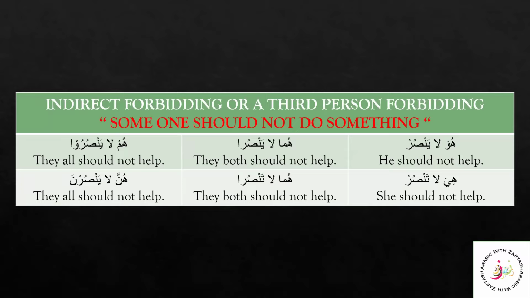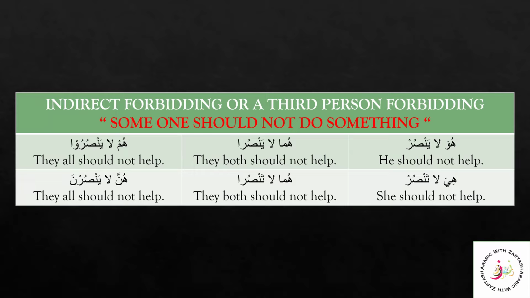These 6 sigas can only be applied when we are forbidding someone directly. Sometimes, though, someone is not present with you and you are telling someone that one should not do this or that. We call this indirect forbidding, or third person forbidding.